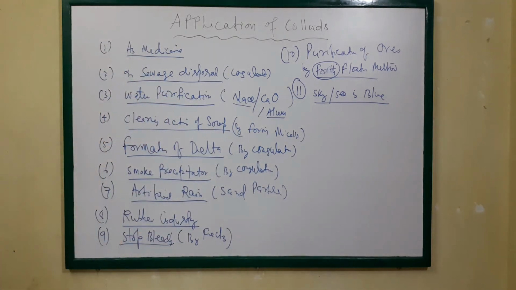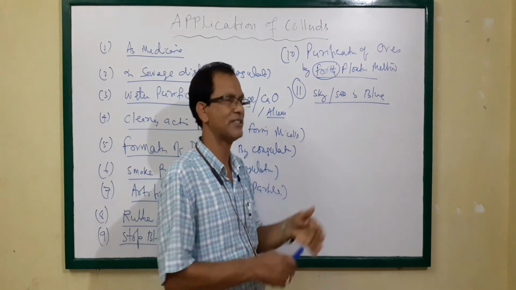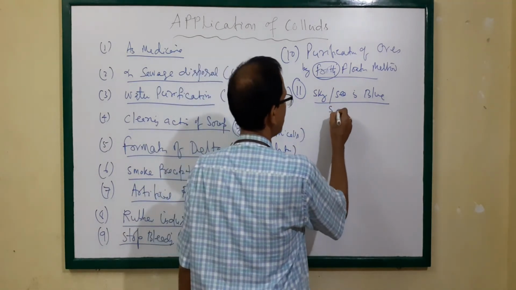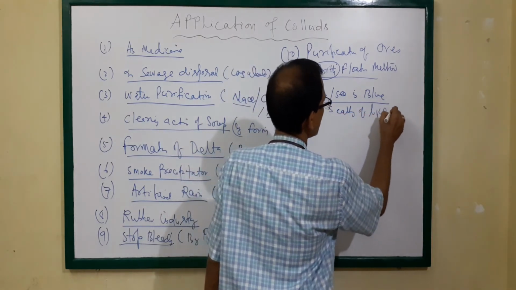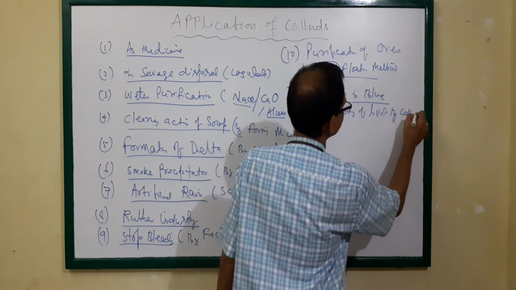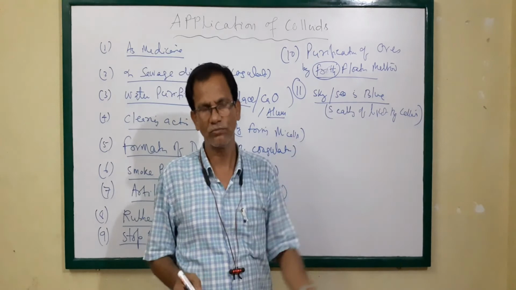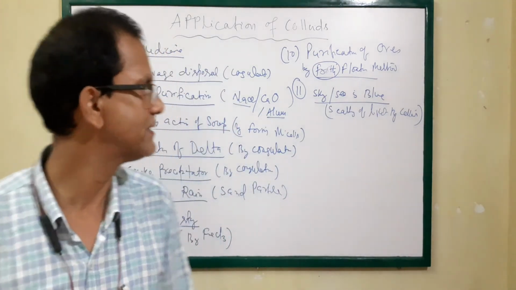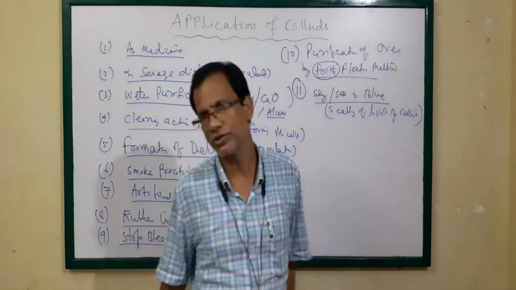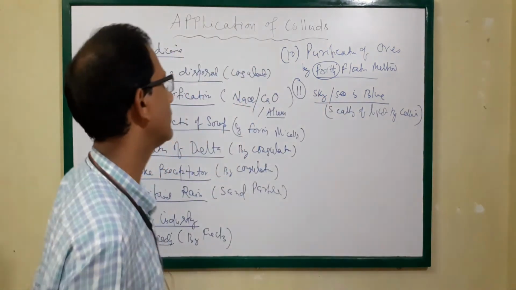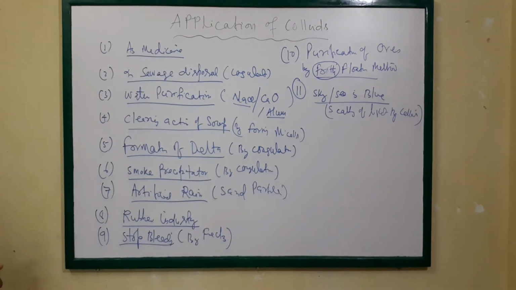Colloidal particles, due to the scattering of light by colloids. Your sky contains clouds and dust particles. These dust particles undergo scattering of light, so it is obtained as a blue color. So these are some important applications of colloids.